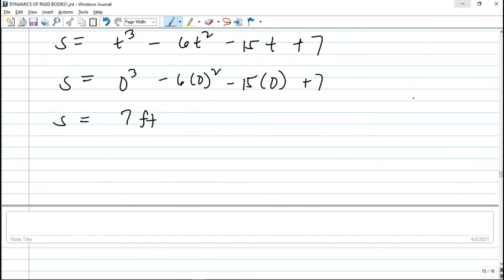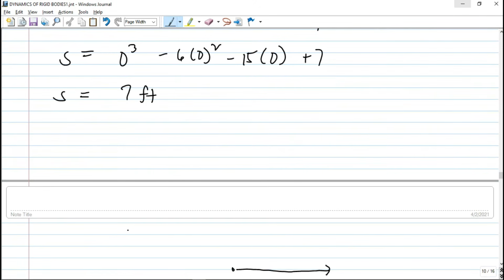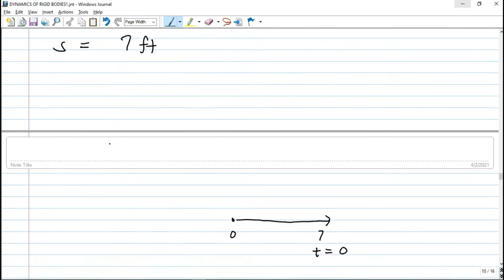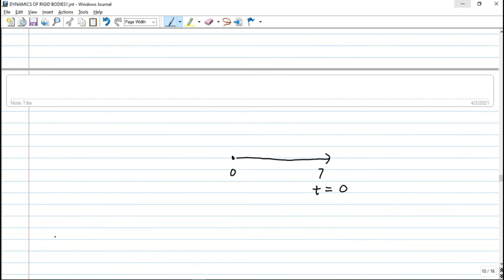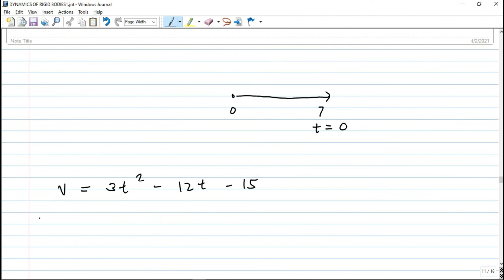Okay, so v is 3t squared minus 12t minus 15. So i-let lang natin yung v or yung ds over dt as 0 to get the boundaries or yung ating maxima and minima, yung limit ng movement natin.